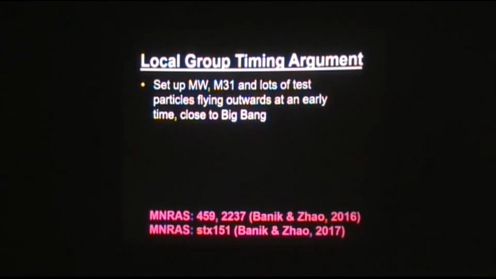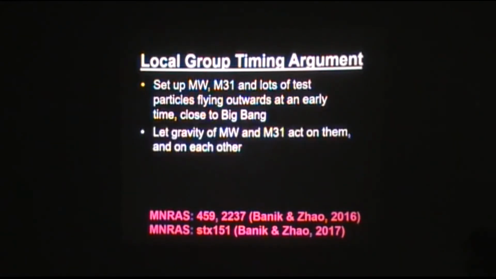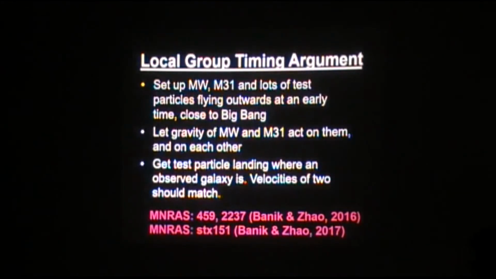And you let the system evolve under the gravity of the Milky Way and Andromeda and see what happens. So the idea is to get a test particle landing exactly where an actual galaxy is, and then you can compare the velocity of the test particle against the observed velocity of the actual galaxy and see if they agree. So that's essentially what was done in this article.